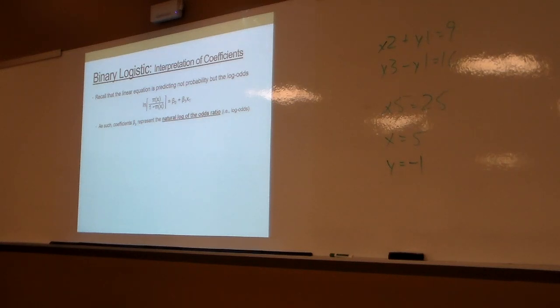And so our coefficients represent change in the natural log of the odds ratio per unit change in our predictors. Unlike linear regressions, where our coefficients represent expected change in y given a unit change in x, our coefficients in logistic models are expected change in the log odds given a unit change in our predictors.